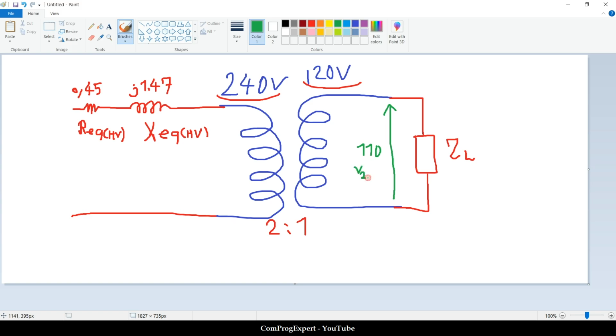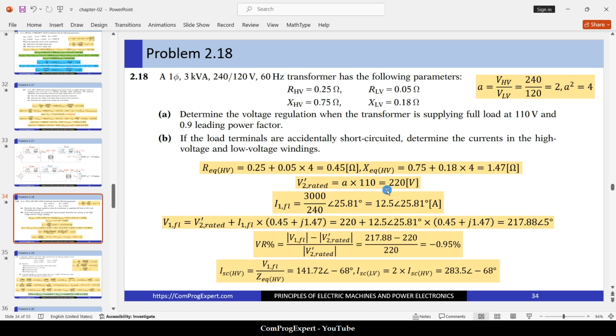This is V2 rated. How can we refer it to the primary side? We should multiply it by A, that is 2. So V2 prime rated is equal to 220. Yes, this number A times 110 is equal to 220 volts.